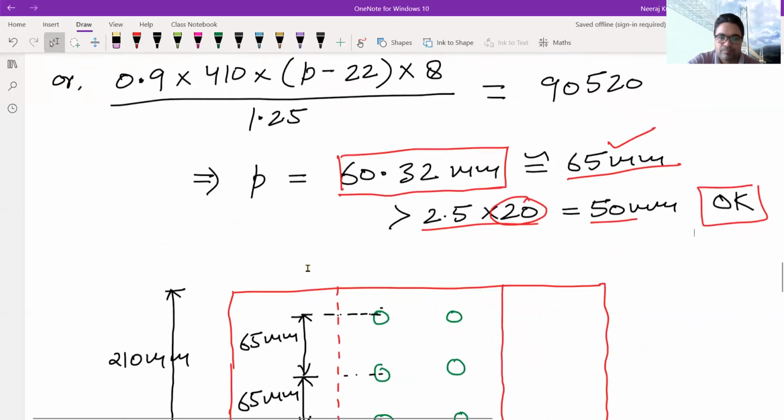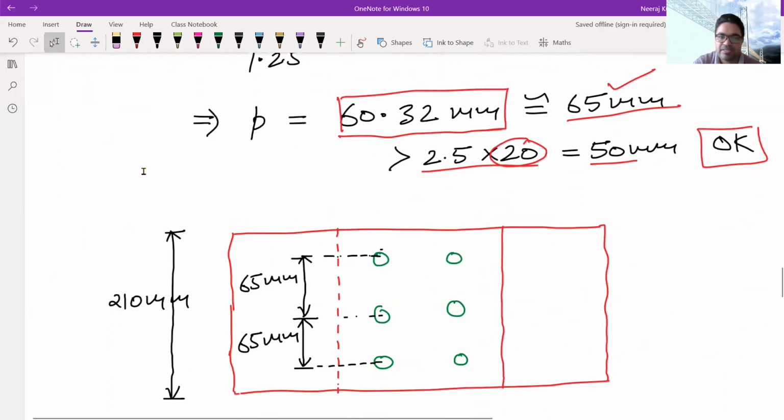Now, again in the diagram you can see I have provided the pitch as I have already calculated this. So 65 into 2, this becomes 130, and here the value is 210. Total width of flat is 210. So now we can find out the edge distance also.